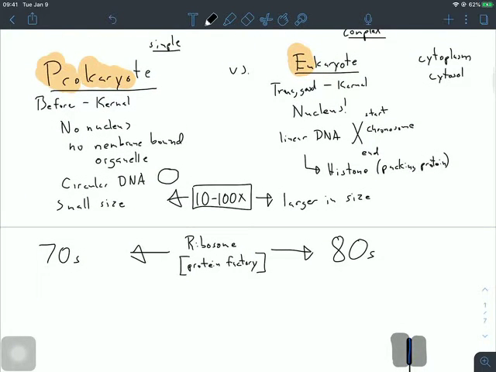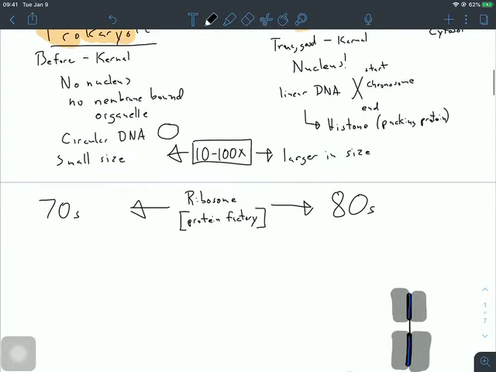Now, I won't just yet emphasize what exactly that means, or just know that this is a size difference. You can think of S as a unit, kind of like centimeters. But prokaryotic ribosomes are smaller, and eukaryotic ribosomes are larger. Hold on to that fact up until we get to our second half of the class. That's where it'll play a much bigger role. So, playing the long game with that one.